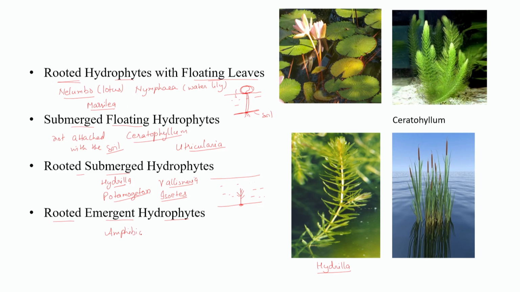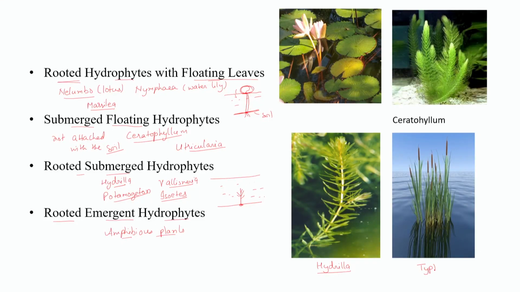Then coming to rooted emergent hydrophytes, they are also known as amphibious plants. They are rooted emergent, means they are rooted in the soil of the water body, but some part is also completely exposed to the atmosphere. As you can see in this case, the Typha plant is coming out from the water body and many of its parts are completely out in the atmosphere.